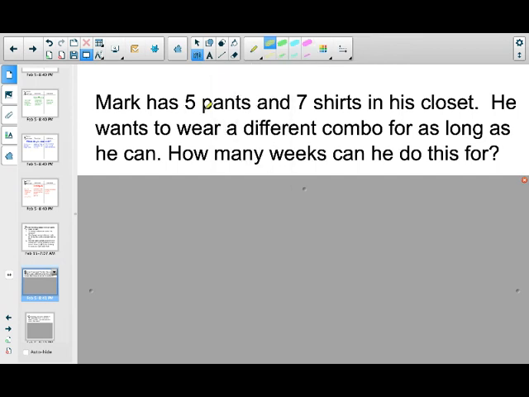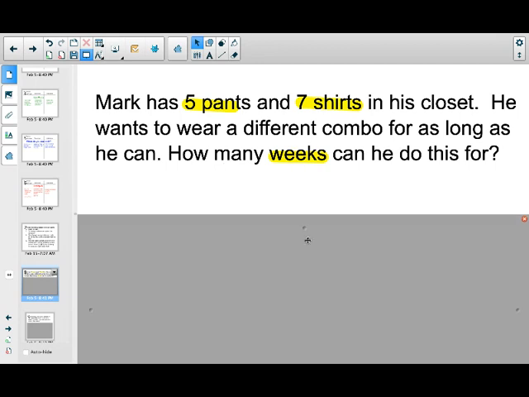So we want to look at some key information from each one. Notice this first problem: Mark has 5 pants and 7 shirts in his closet. He wants to wear a different combo for as long as he can. How many weeks can he do this for? What I highlighted are some key pieces: 5 pants, 7 shirts, wants to wear a different combo.